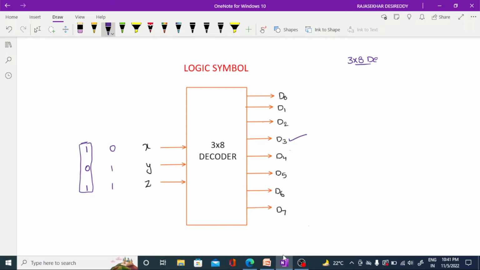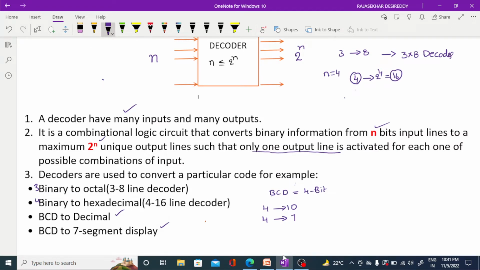So only D5 output is activated. Similarly, the last one, 111 is the input combination, so only D7 is activated. That is the meaning of the above definition. Only one output line is activated for each one of the possible combinations of input.